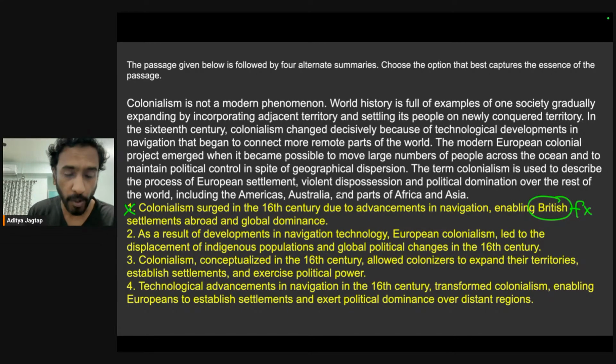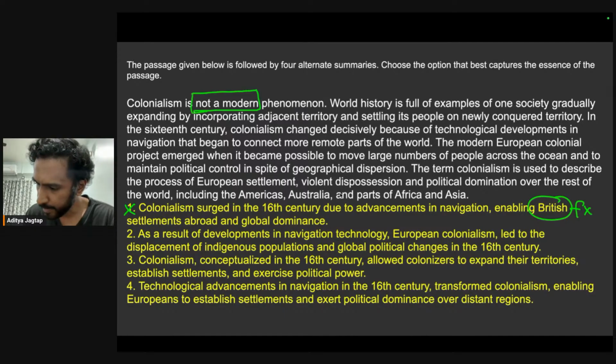The real problem with option one, however, is that it's not telling me that colonialism is not modern. So we can say the main point is partial. Statement one is incorrect. Let's look at statement two: as a result of developments in navigation technology, European colonialism led to displacement of indigenous populations and global political changes in the 16th century.